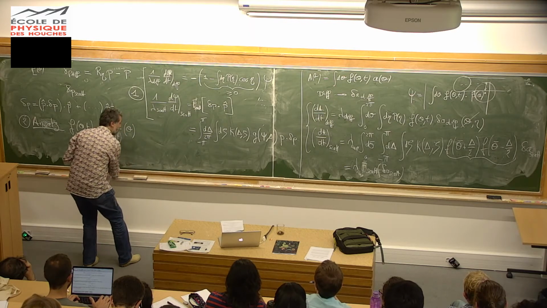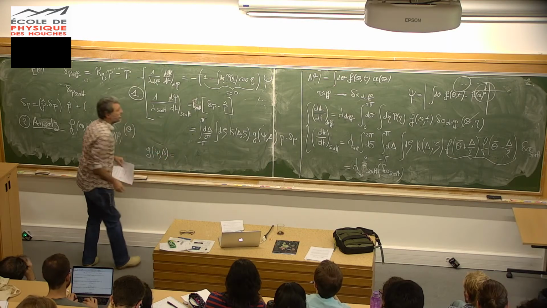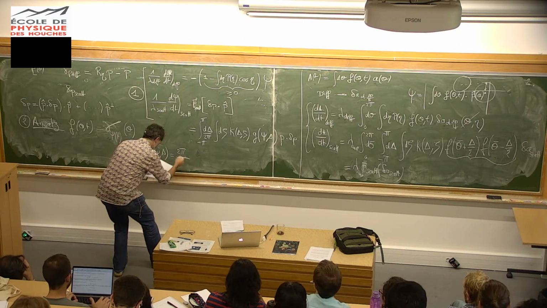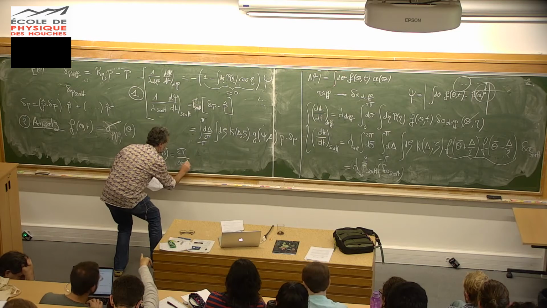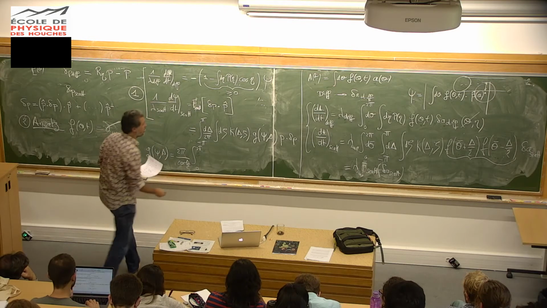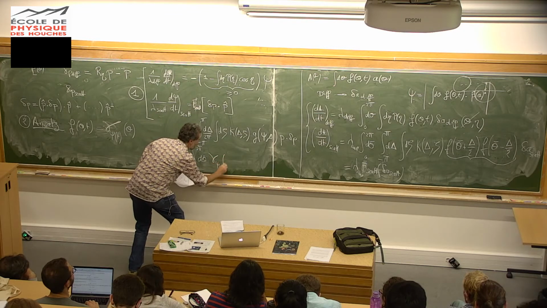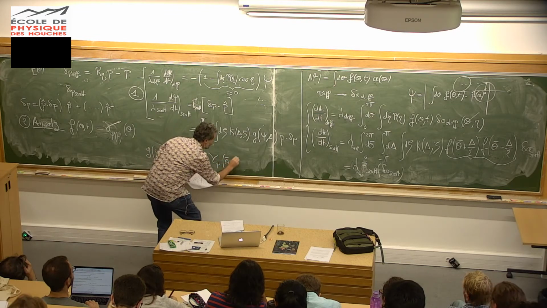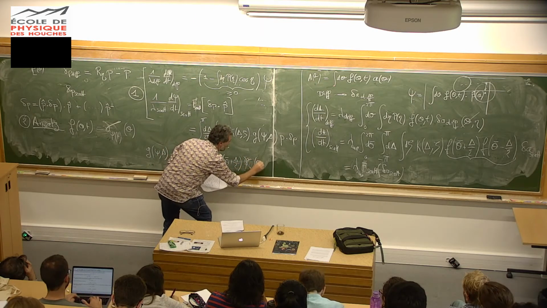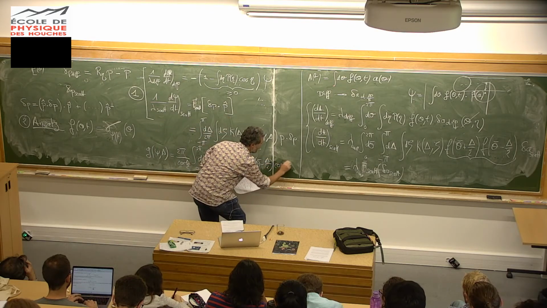And g of psi and delta is what happens when I've integrated over theta. It's 2 pi divided by 2 cosinus delta over 2, that's just because it's convenient, times the integral over 0 to 2 pi d theta bar of this function gamma psi at theta bar plus delta over 2 times gamma psi at theta bar minus delta over 2, and then there is a cos theta bar here.